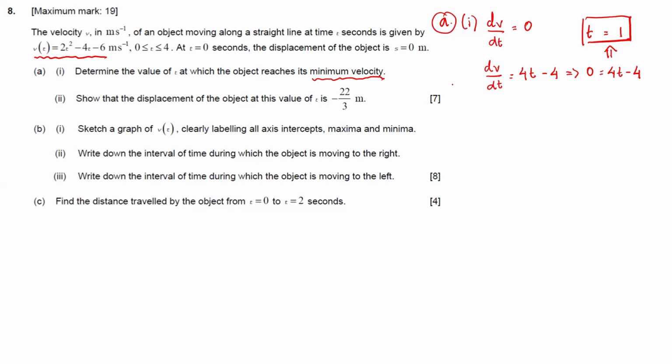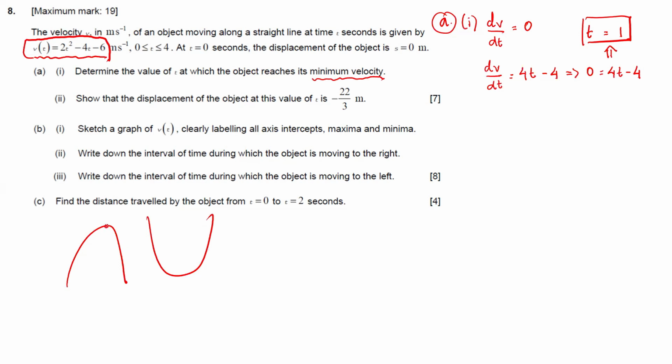Next one: show that the displacement of the object at this value of t is negative 22 over 3. Before we move on, how do we know this is a minimum and not a maximum? We can notice from the form of the function, the quadratic function. Remember, a quadratic function is either concave down or concave up, so only 2 choices.